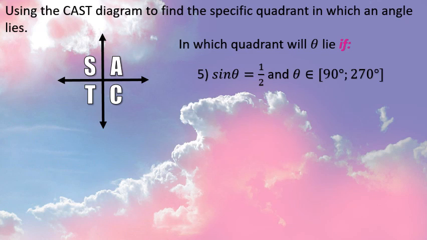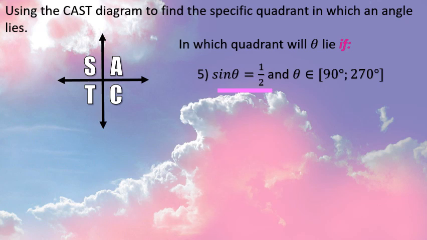Now, this is unusual. I mean, we've been working with sine theta is greater than 0 or sine theta is smaller than 0. So how are we going to interpret this? If sine theta is a half, which quadrant would it lie in? Well, let's think about the sign. It's invisible. It's a sneaky little guy. The sign in front of the number a half.